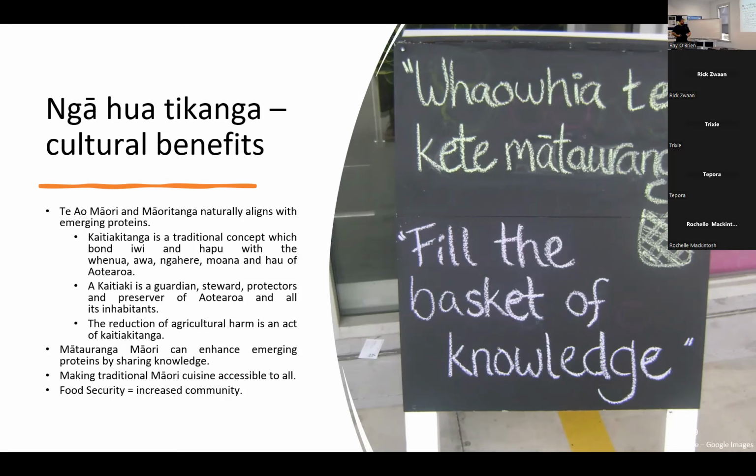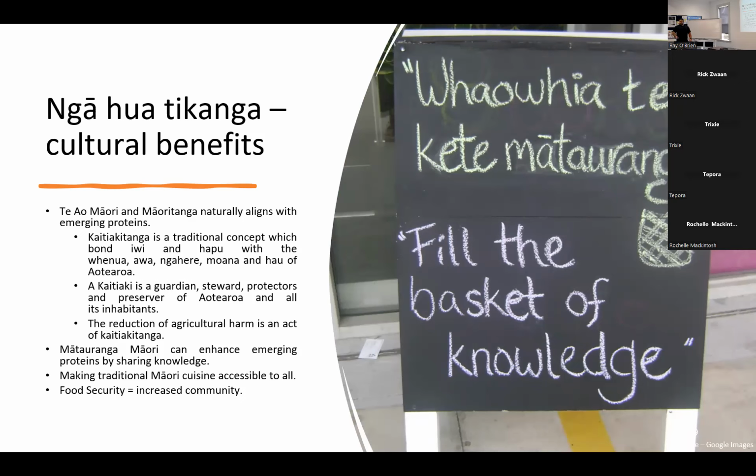When we say kaitiaki, I'm obviously conscious that it's not just Māori's responsibility to have that relationship with our land, but it is certainly one of those concepts that Māori hold dear. So to move into a space where we're not using so much agriculture is obviously to honour this much more. Kaitiaki is obviously a guardian, a steward, a protector and a preserver of Aotearoa.